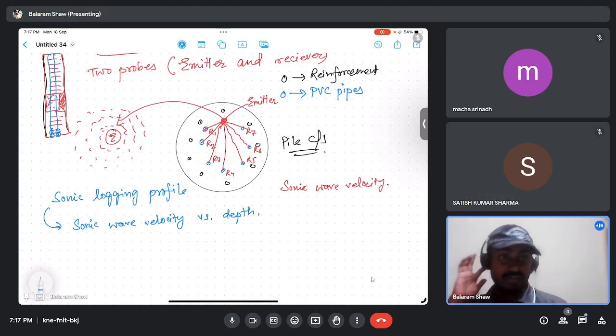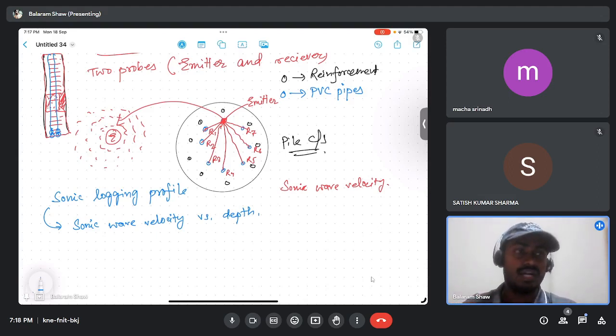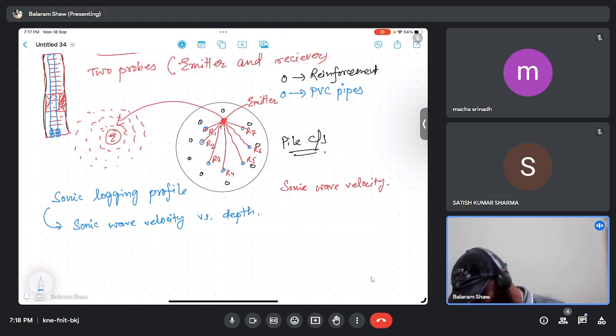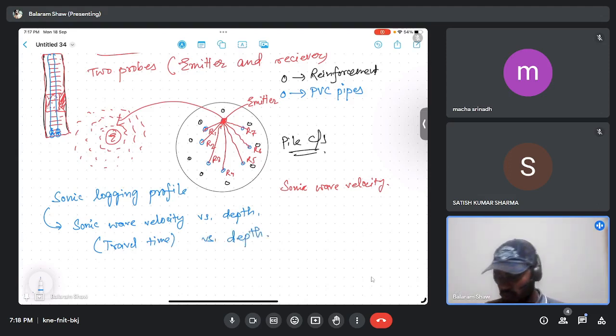So that will tell us what kind of concrete is there, I mean what quality, and whether the quality of the concrete is good or not at every depth of the pile. As I said, this can be travel time versus depth also, because from there we can also understand. If the travel time is more, like we have a delay in the travel time, from that we can understand the quality of the concrete is changing.